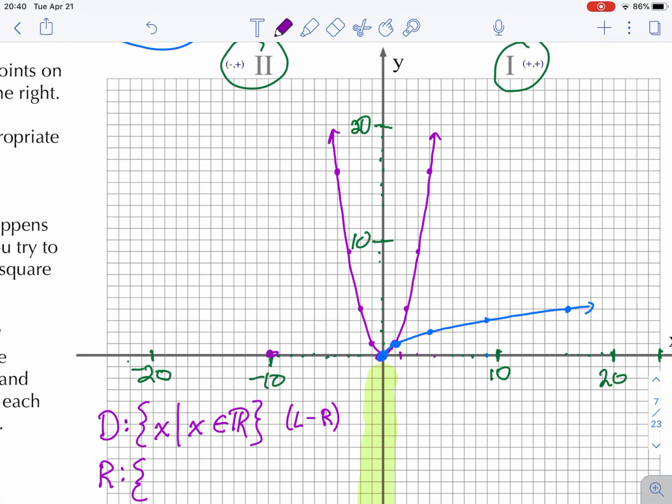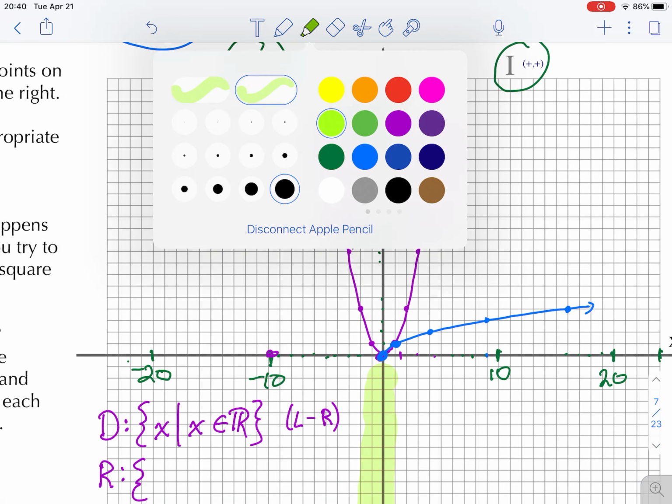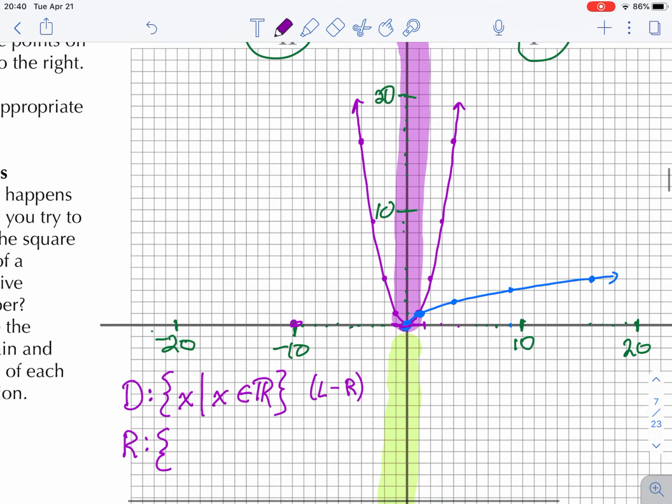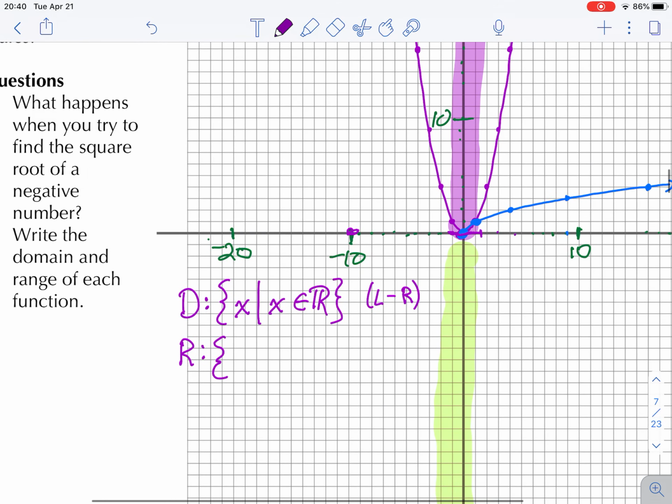Our range is how high up or down our graph can go. You can see our purple graph only is in this part of the y values. It has a bottom. Right here's the bottom. So our purple graph goes down to y equals 0, but nothing lower.